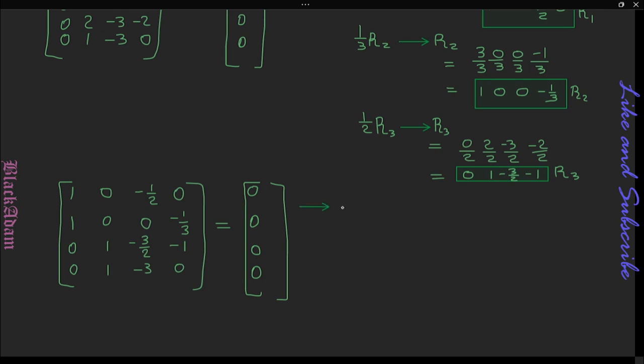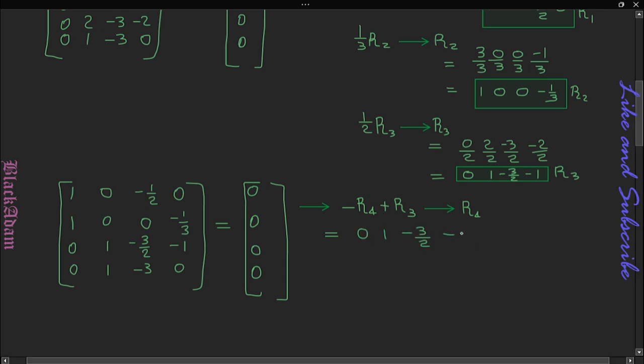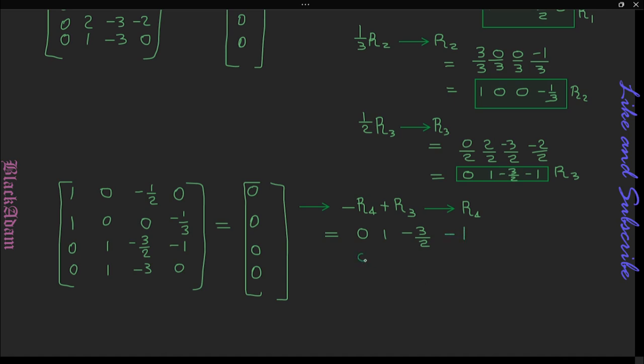And next we simplify further. We can use that at the moment, but that will be a bit complicated. Let's simplify further. So that will be negative row 4 plus row 3 to be row 4. So we start with the positive part, which is row 3, which is 0, 1, negative 3/2, negative 1, and then we end up with negative row 4.